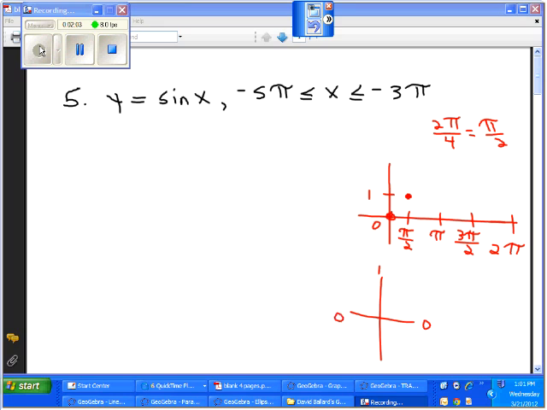And the sine of pi was 0, and so we were back to 0. And we said, well, what is the sine of 3 pi over 2? And it was negative 1 because it changes signs, and that put us down here at negative 1 for 3 pi over 2. And then when we get back to here, we're at 2 pi, which means we're back to 0 again, and we had a sine wave.